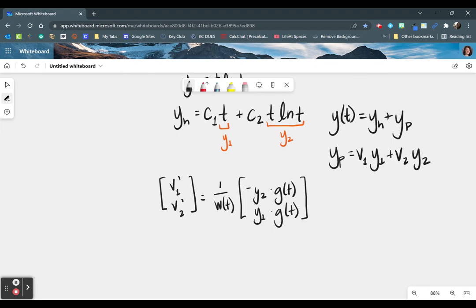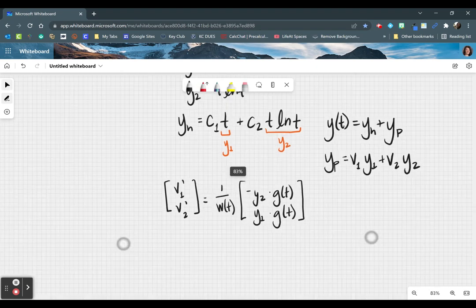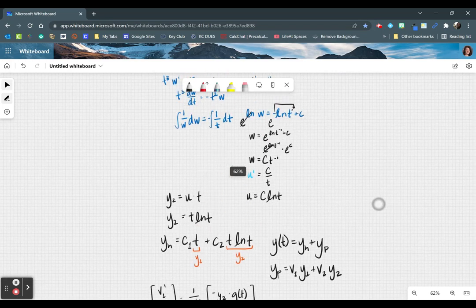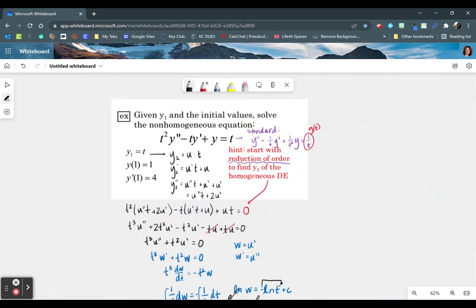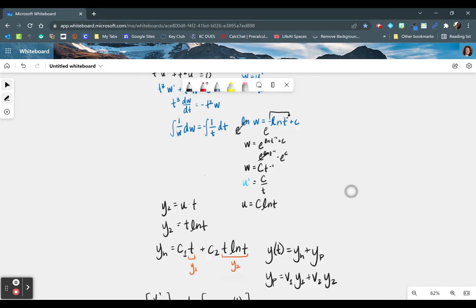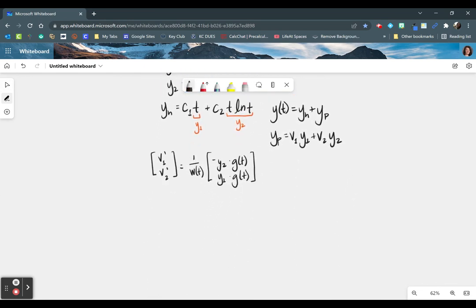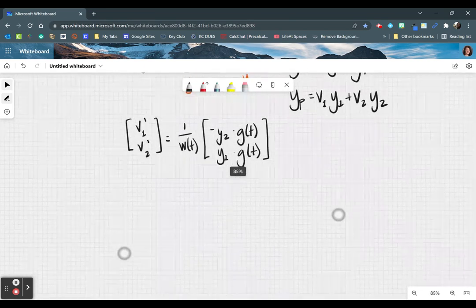So we can figure out the Wronskian, and we also know y1 and y2, and we also know g of t, right? G of t comes from when we got this into the standard form. It really doesn't matter to get it into standard form until this very step where we're solving the non-homogeneous portion, but we're going to remember that g of t is equal to 1 over t. So I'm going to first find the Wronskian.